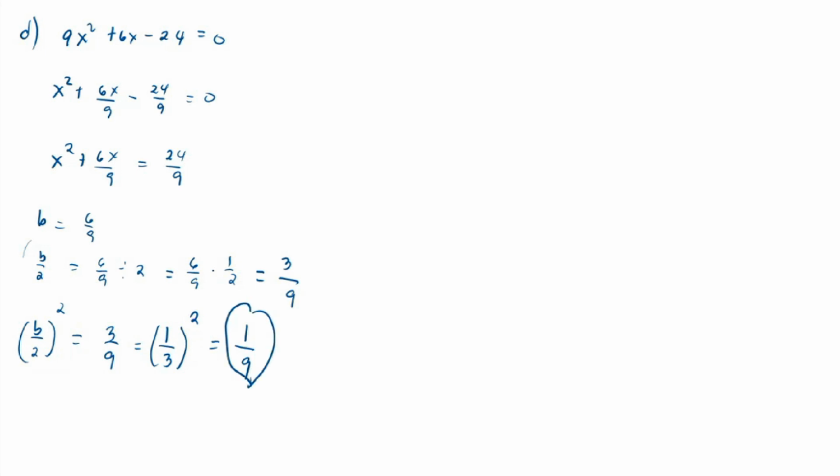So from here, I have x squared plus 6x over 9 plus 1 over 9 equals 24 over 9 plus 1 over 9, because the number to be added is 1 over 9. This is the number that we added, 1 over 9.